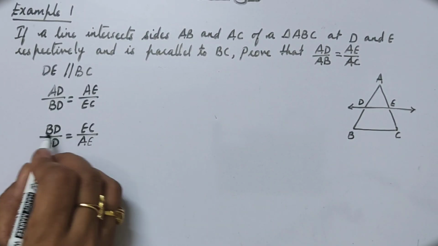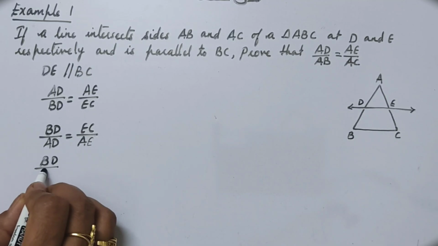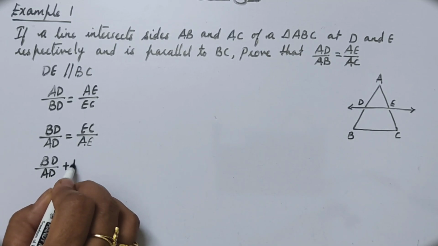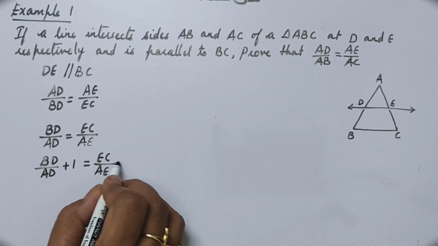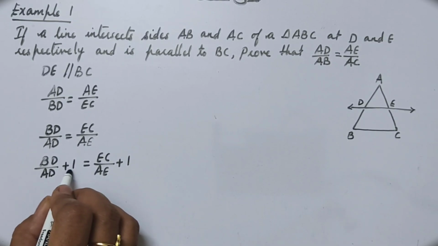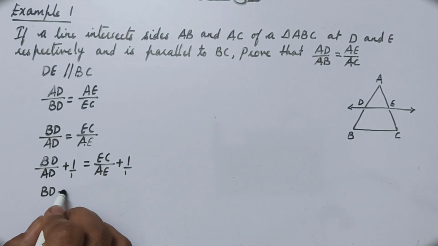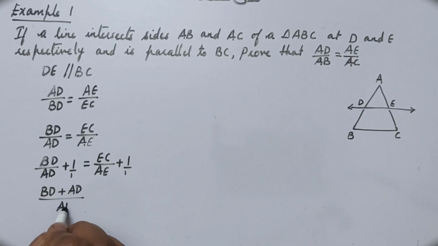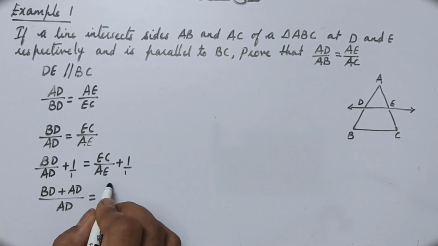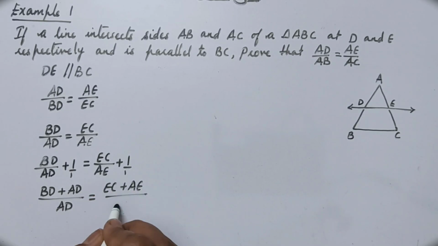Let us add 1 on both sides, that is BD by AD plus 1 equals EC by AE plus 1. Okay, so let us do cross multiplication. I get here BD plus AD upon AD in the denominator, here EC plus AE upon AE in the denominator.